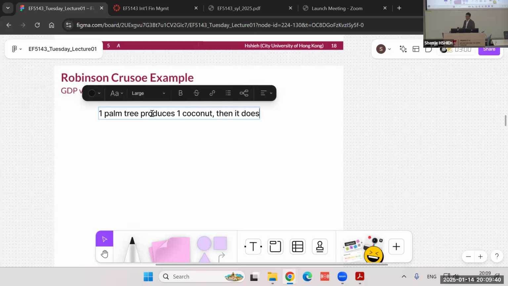That's the production machine. If you are the sole person living on this island, you can do two things. You can eat the coconut, or you can save, right? Plant the coconut in the ground and let it grow into a tree again the next time. So consume, or plant and save for the next year.